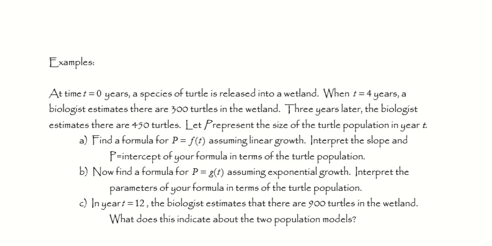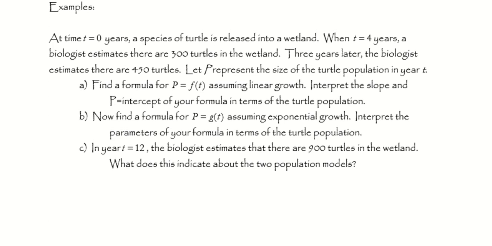All right, let's look at an example here. At time t equals 0, a species of turtle is released into a wetland. When t is 4, a biologist estimates there are 300 turtles in the wetland, and then 3 years later, the biologist estimates there are 450 turtles.